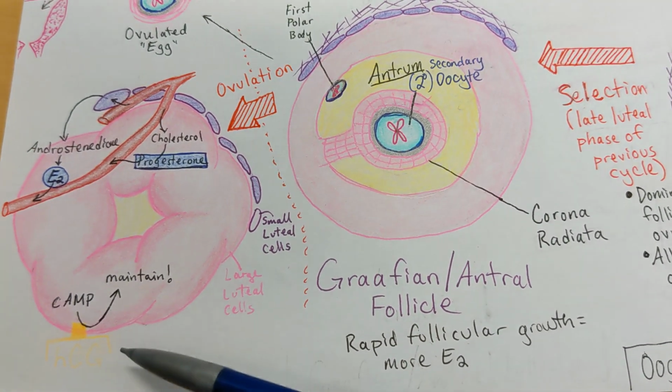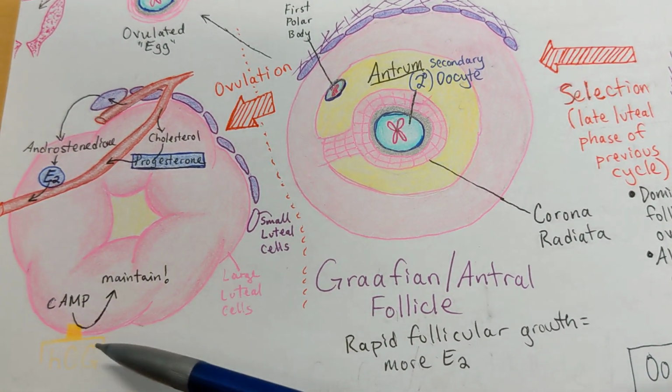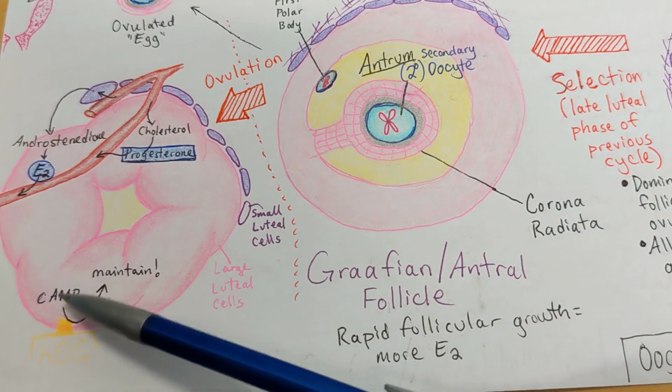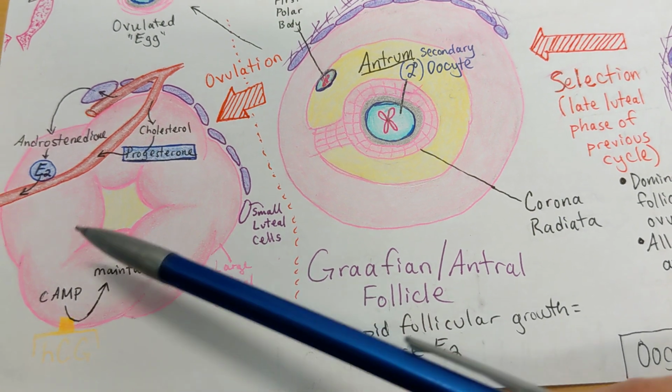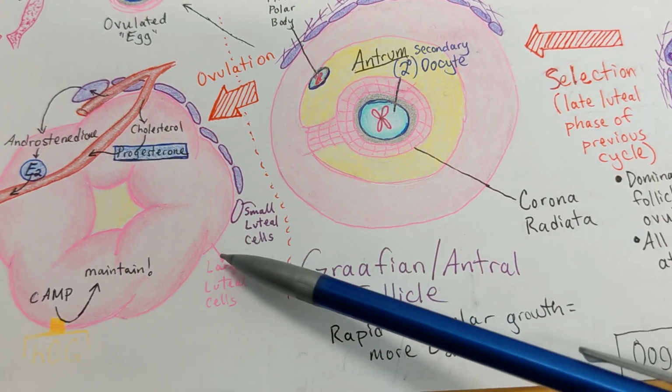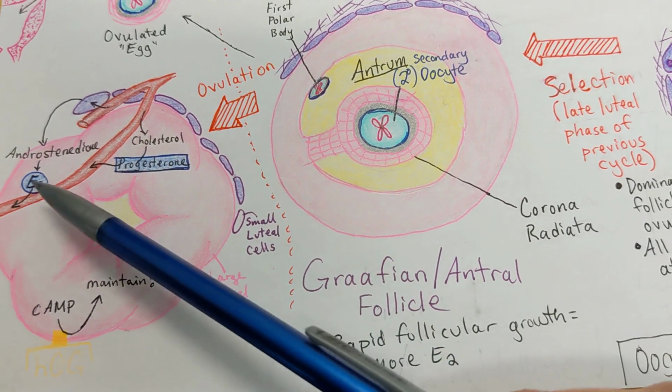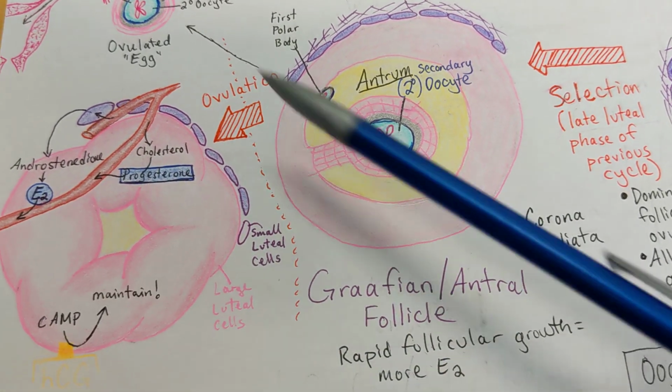When this hormone is released, it can bind to receptors on the corpus luteum and, using a cyclic AMP second messenger system, tell the corpus luteum to maintain itself.